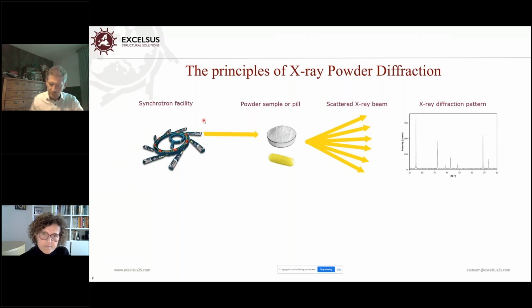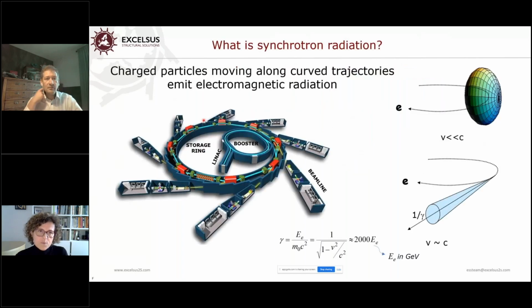For those of you who might not be familiar with synchrotron radiation, I will briefly tell you what it is about. Synchrotron radiation is electromagnetic radiation produced in synchrotron facilities.